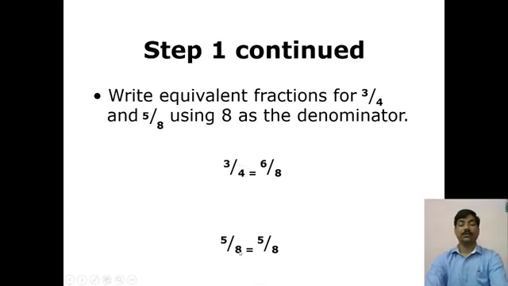There is no need to get the equivalent of 5/8, because 3/4 is now 6/8 and 5/8, they are now like fractions. So we write it as the same 5/8. Now we will compare 6/8 and 5/8 in place of 3/4 and 5/8.